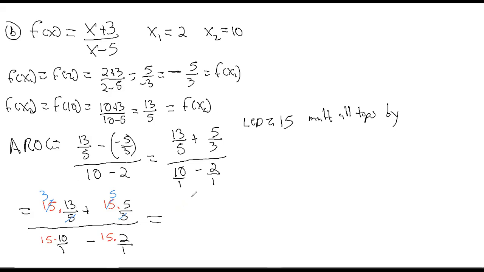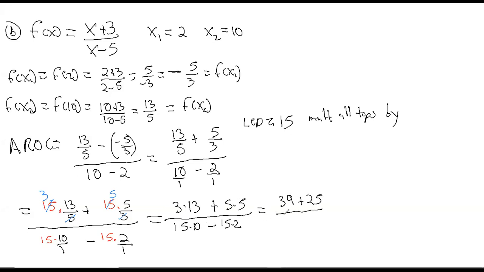So this is really, and I'll leave the products just to make sure everybody's on the same page, 3 times 13 plus 5 times 5 all over 15 times 10 minus 15 times 2. Please do not reduce this way. The plus and the minus make this irreducible unless that factor is everywhere, and that's not happening here. 3 times 13 is 39. 5 times 5 is 25.